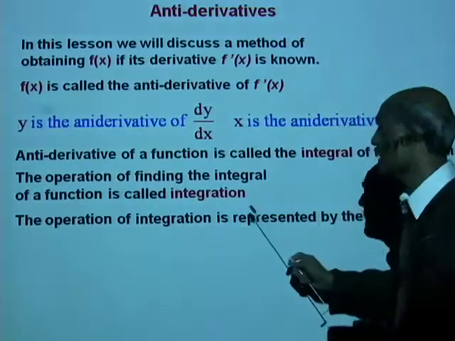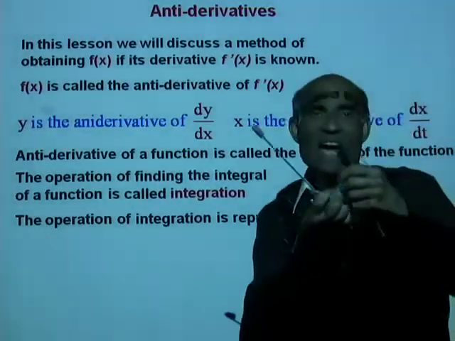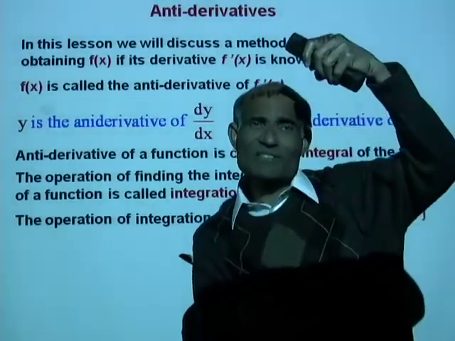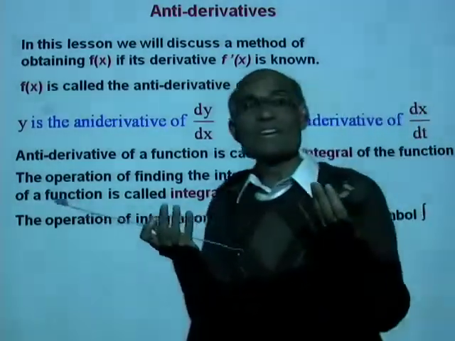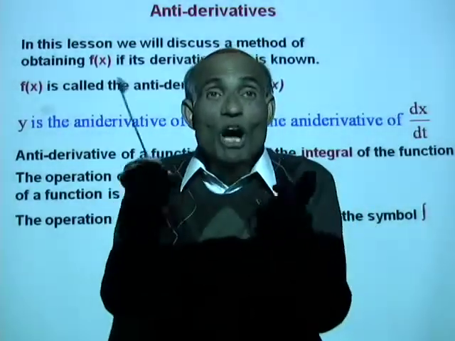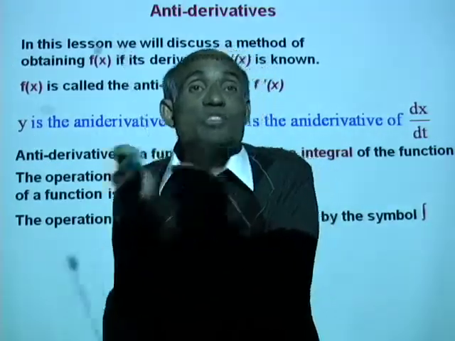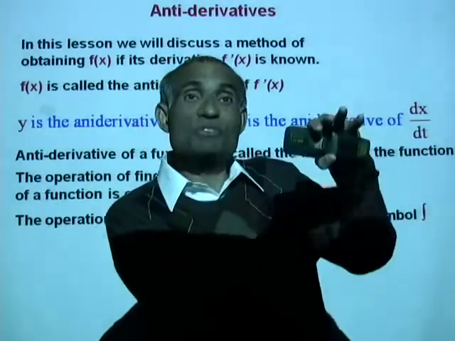Similarly, we have a symbol for integration. Look at this. It is an s which is stretched. If you stretch an s, that is the symbol for integration. Integration is actually the process of summing all the changes, all the rates of change to get the function back.